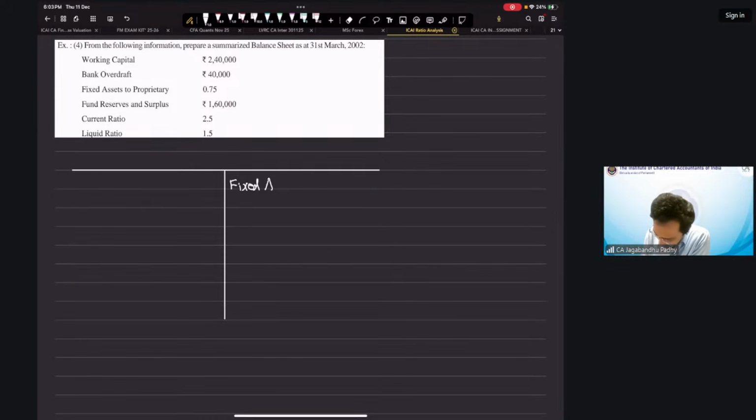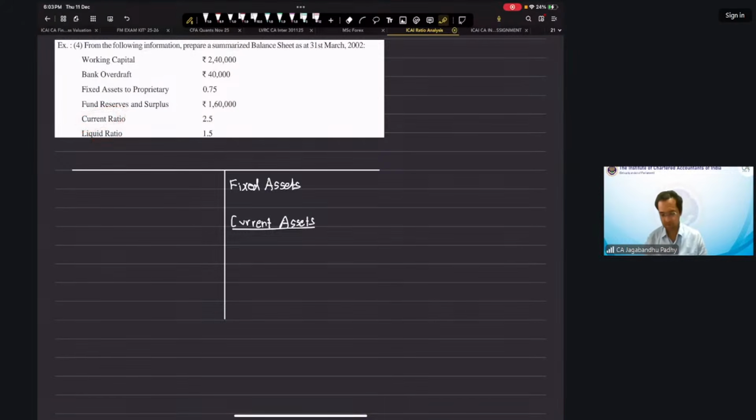So first we have fixed assets. Of course, we do have fixed assets in our balance sheet because there's a ratio called fixed asset to proprietary ratio. Working capital is surely going to be there, so you'll have current assets. In current assets, we are definitely going to have the liquid ratio and current ratio.